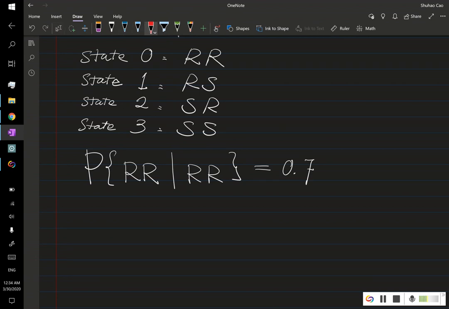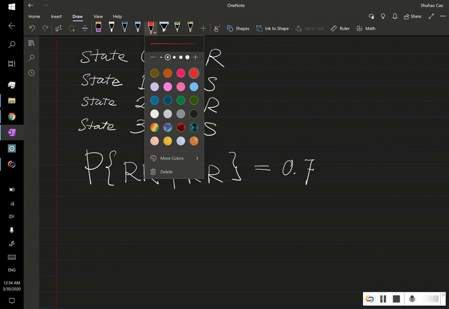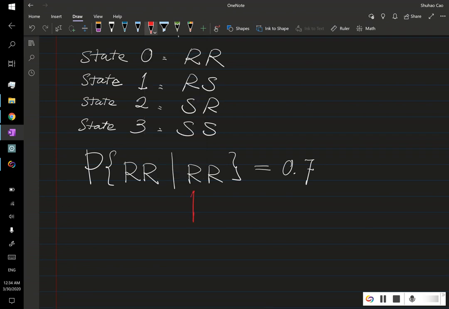Let's add this remark: this one is today and this is yesterday.